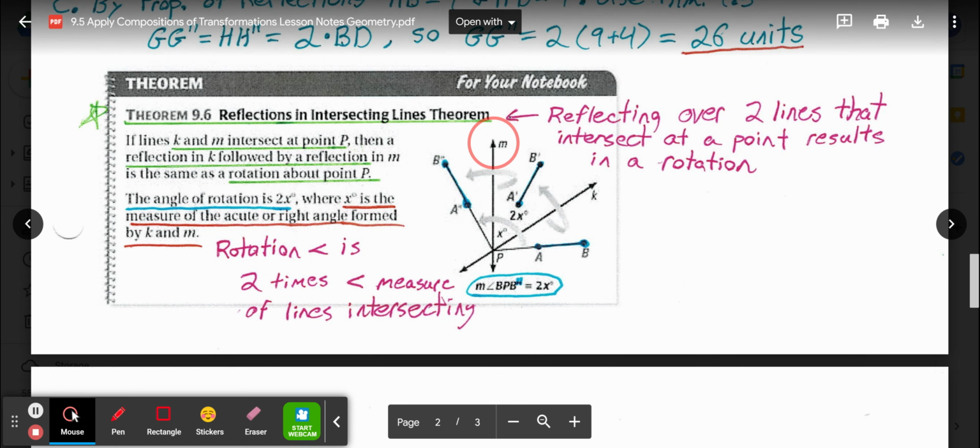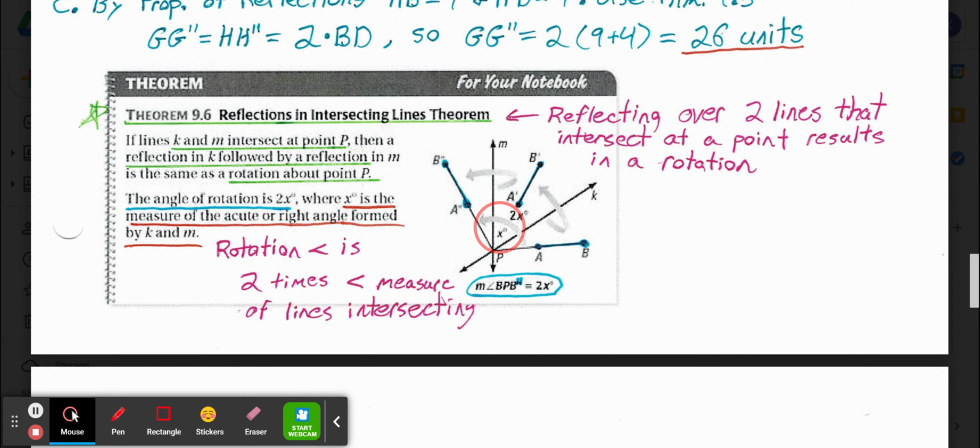So if line M here and K here intersect at x degrees, that final rotation from AB to A double prime B double prime is 2 times that measure. So if that was 30, our rotation would be 60.